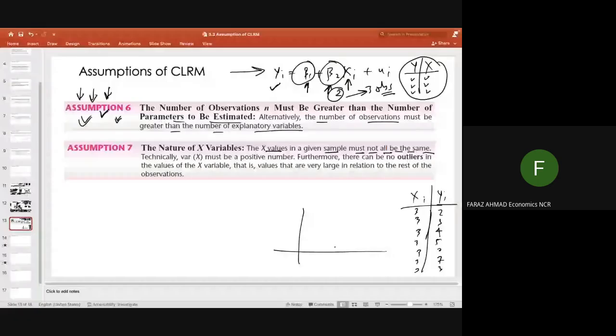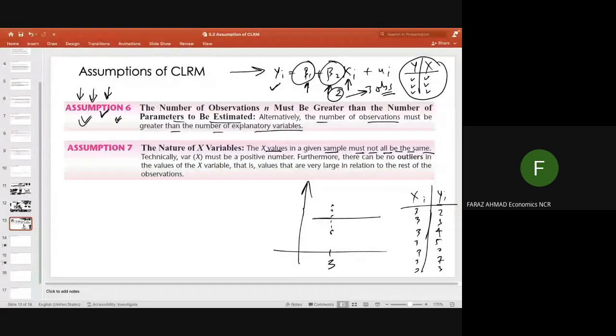Of course, if you are collecting a sample and you want to run a simple regression between x and y, and suppose you have some values on y but you have the same value for x. That leads your x to be fixed at 3 and your y's to vary all over the place. And now you want to fit a line. The line can go from here, from here, from here.